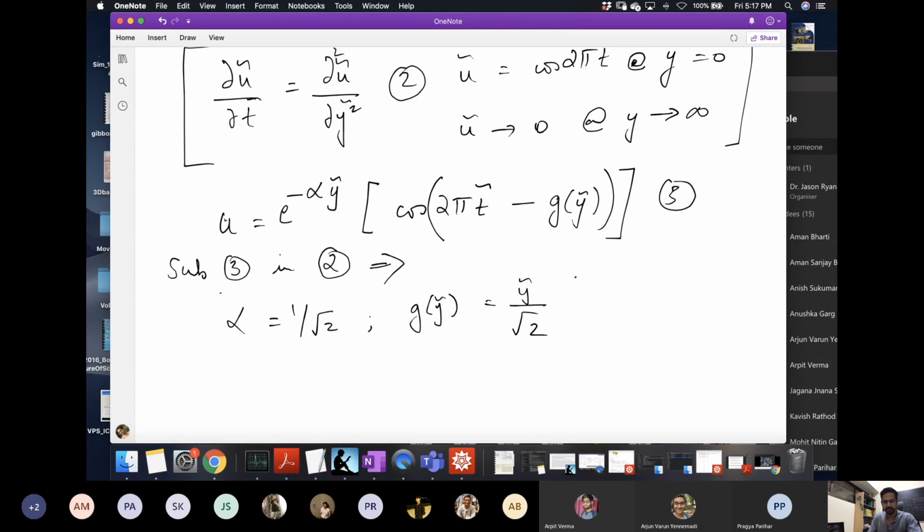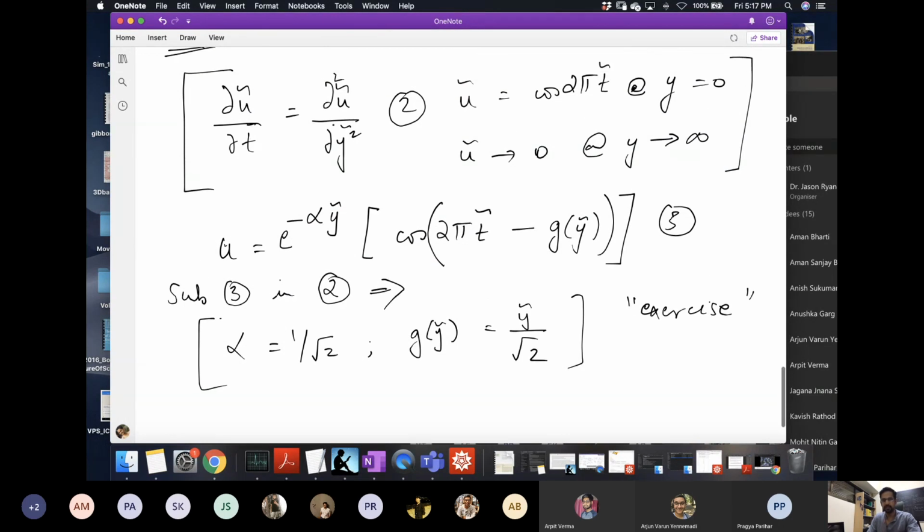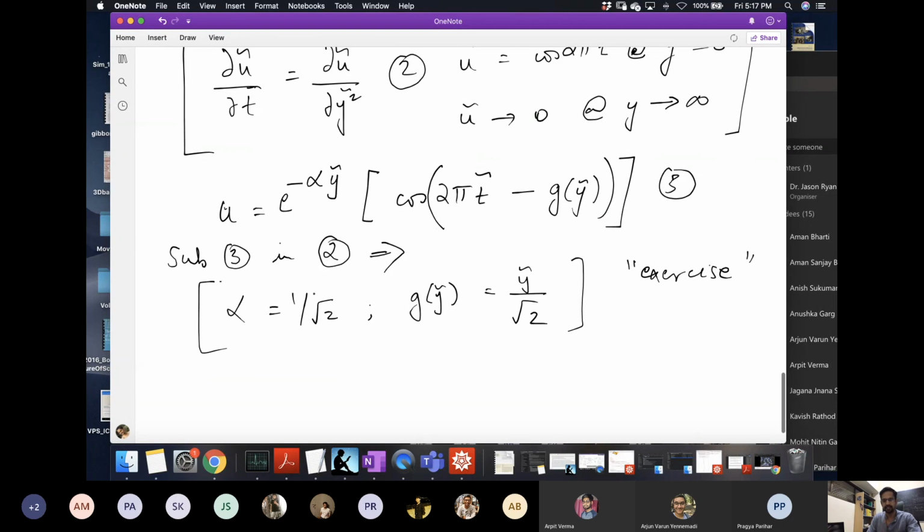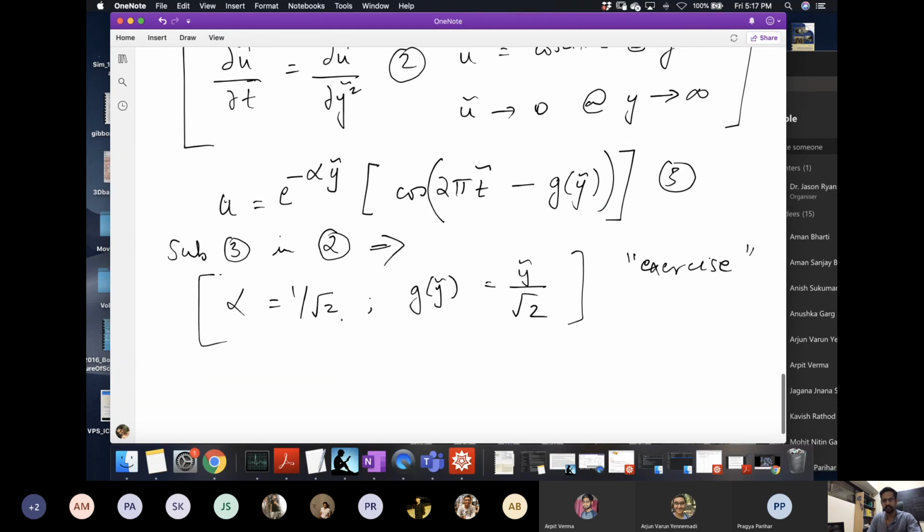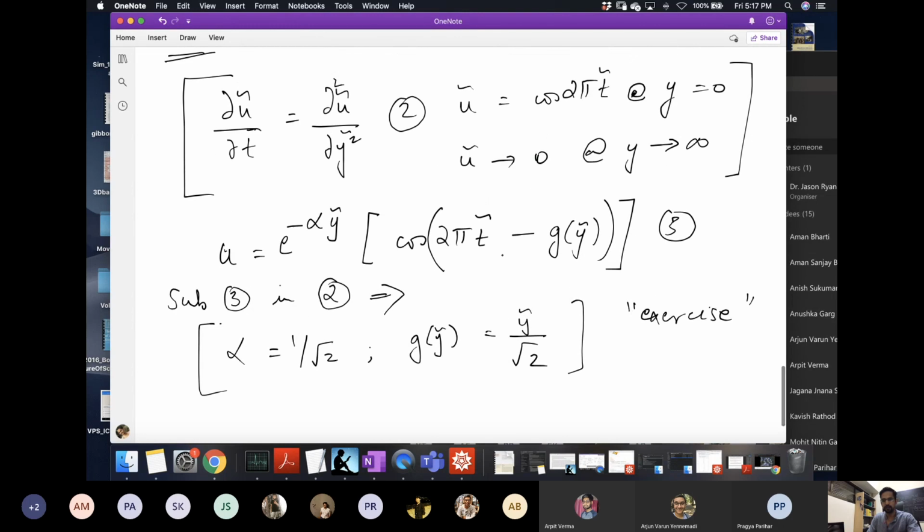So it's a simple solution. I leave this to you as an exercise to show this later. You just substitute this guessed form into this equation, do the derivatives and so on and match both sides, and you should be able to see that alpha is 1 by square root of 2 and g of y is y tilde by root 2, using the momentum governing equation and the boundary condition.